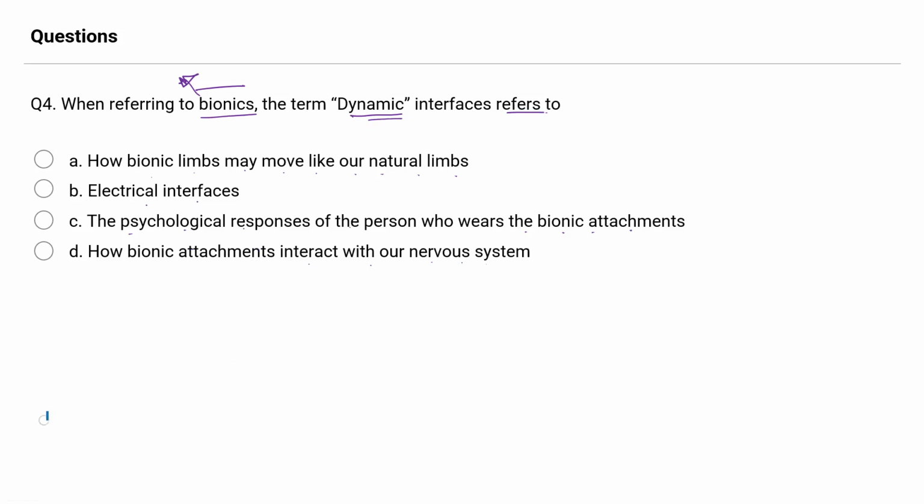So it is a little tricky, but please try to understand. We are talking about dynamic interfaces. Is it how bionic limbs move like our natural limbs, the electrical interfaces, or psychological responses, or how bionic attachments interact with our nervous system.